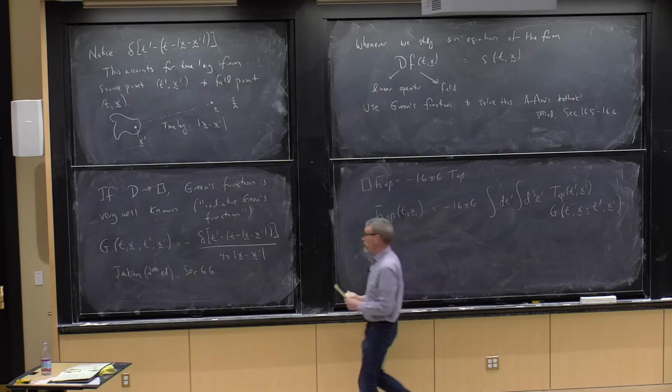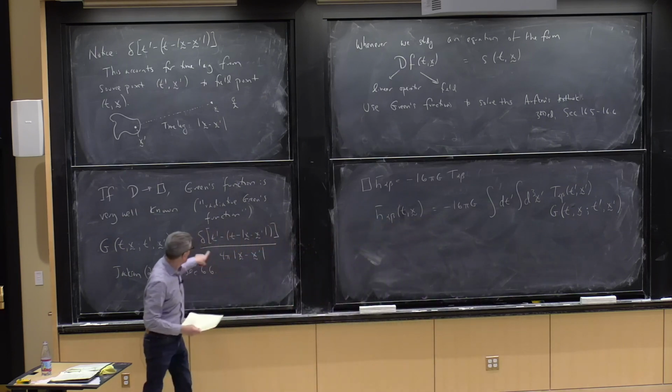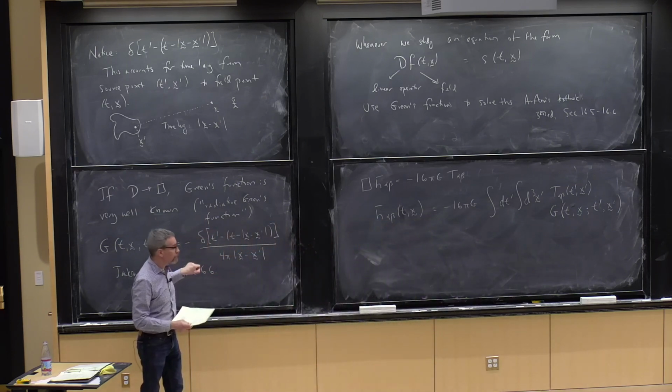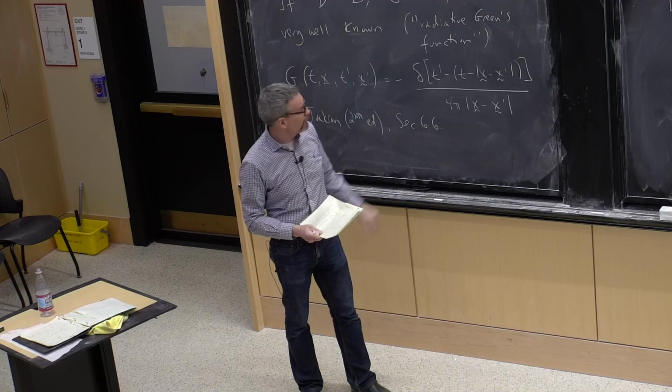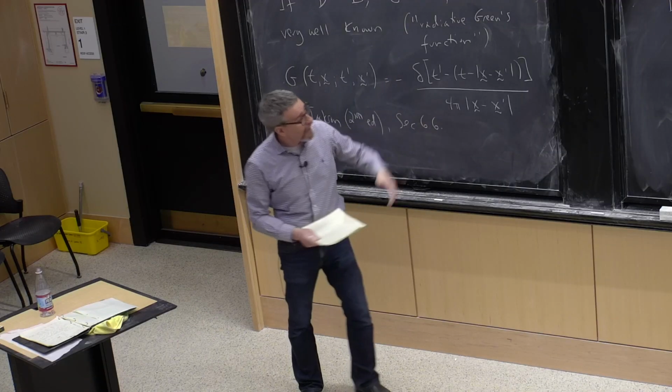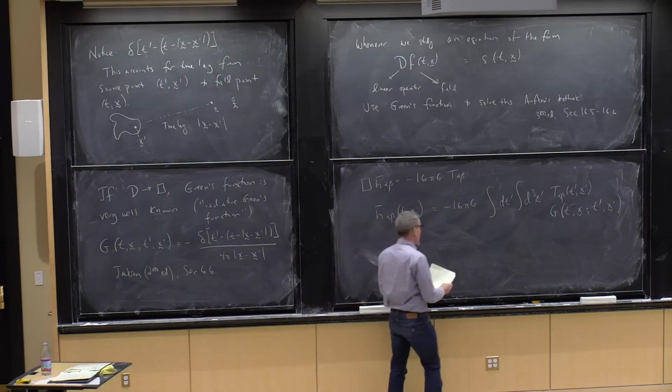Plug in the radiative Green's function, which we use. This is the Green's function that corresponds to that wave operator. We have a minus 1 over 4 pi hitting our minus 16 pi out front there.